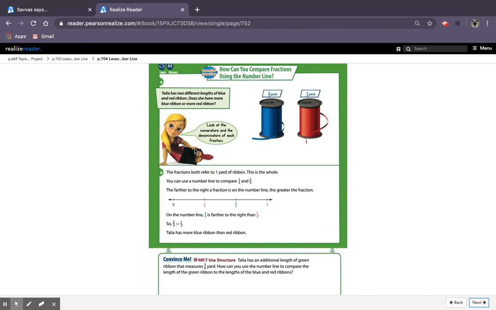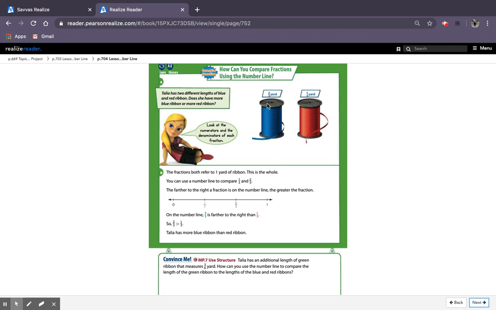Look at the numerators and the denominators of each fraction. They have the same denominator, the same bottom number. They're both thirds, with 3 as the denominator. Then we have a 2 for blue as the numerator and a 1 for red. It says the fractions both refer to 1 yard of ribbon.